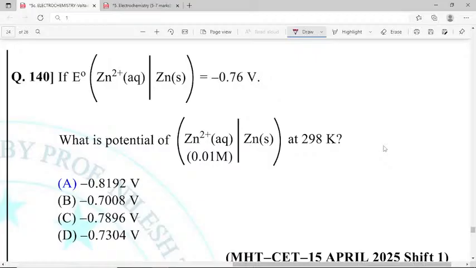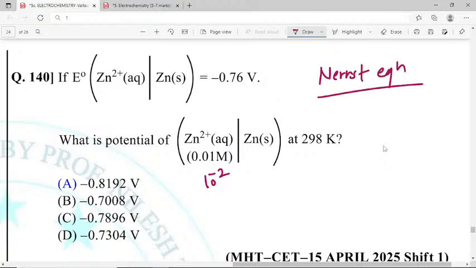Here the concentration is 10 to power minus 2. Answer should be negative, minus 0.8192.